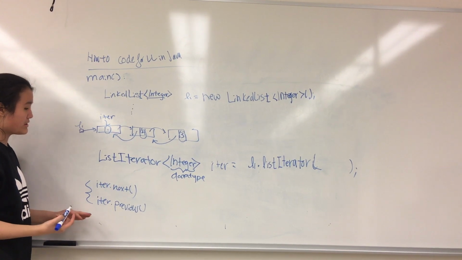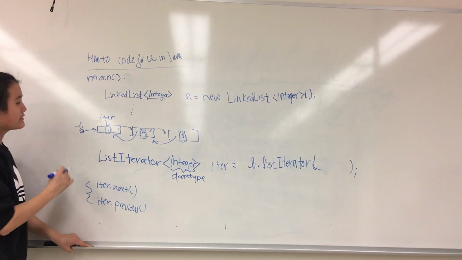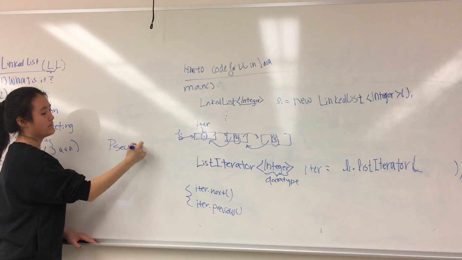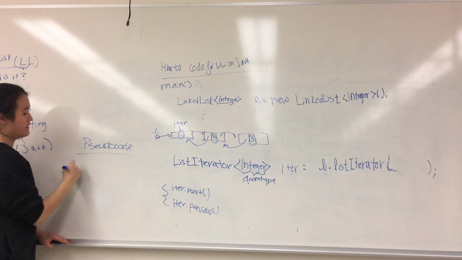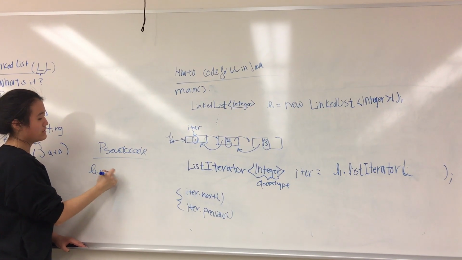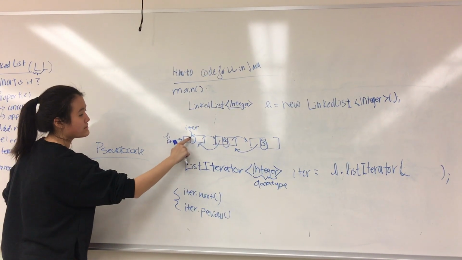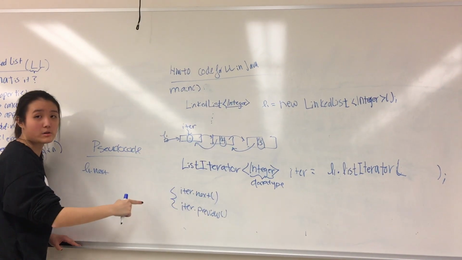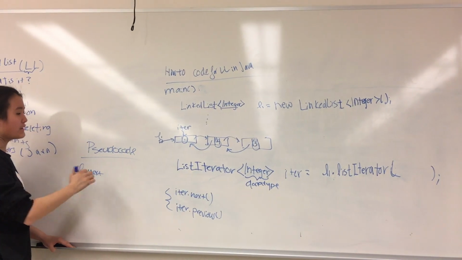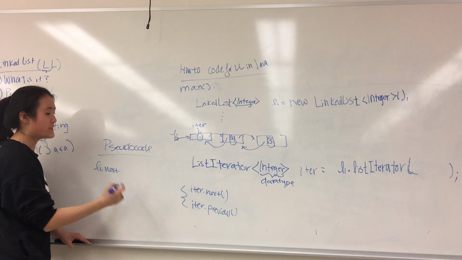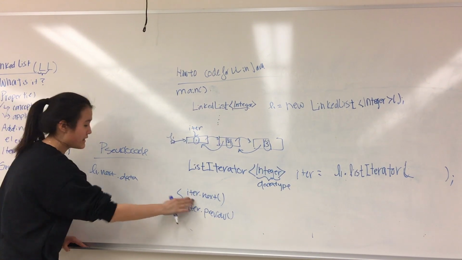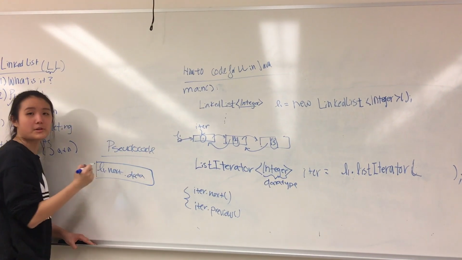In the pseudocode, what we had is L1.next, and L1.next would just return that node. If you wanted to return the data, then you would say .data, pseudocode-wise. So iter.next basically does this entire operation right here.